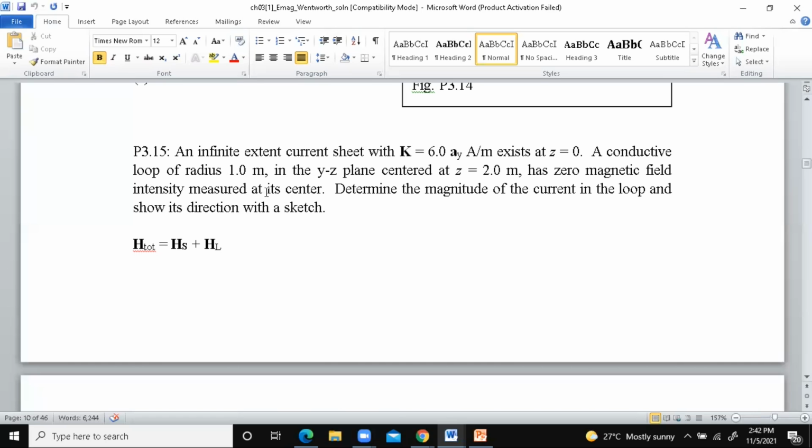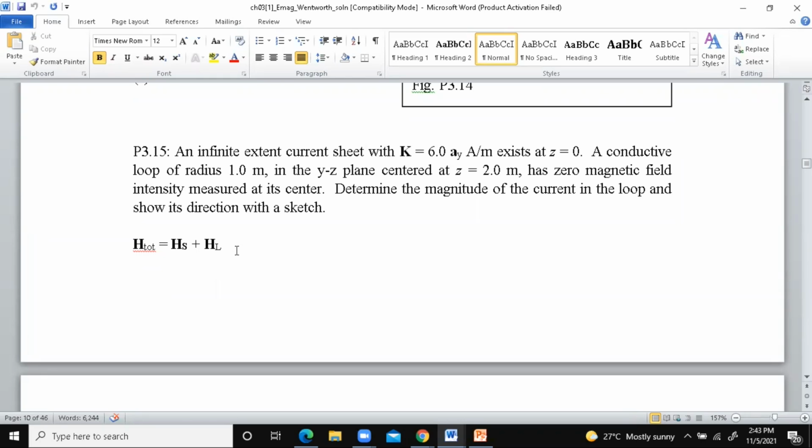So K will give you HS, and your loop will give you HL. And that is the one at the center. So H total equals HS plus HL.